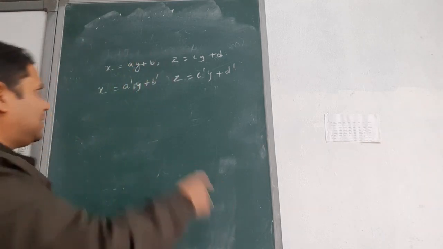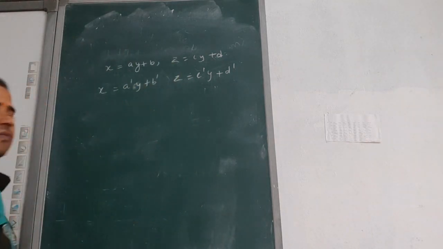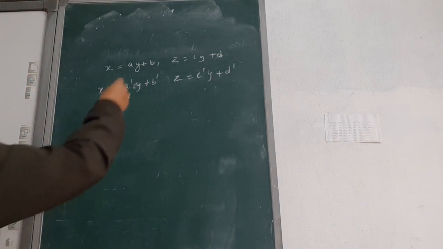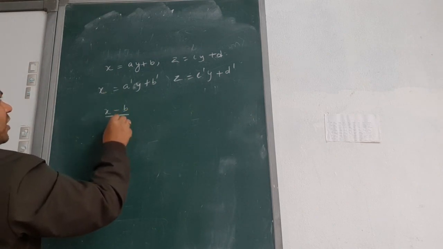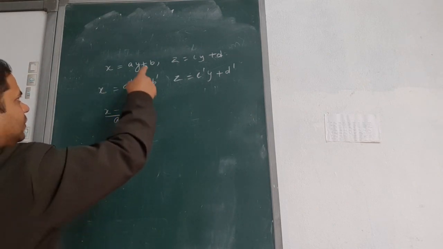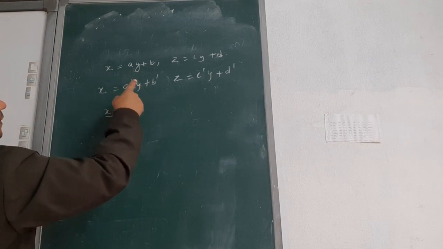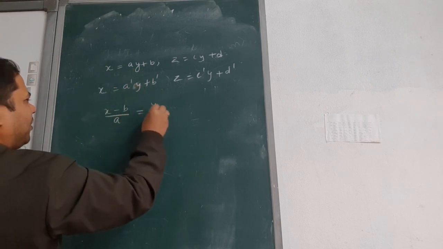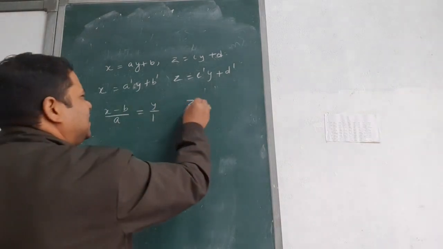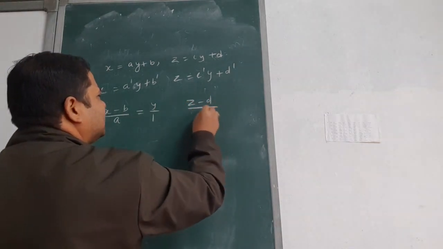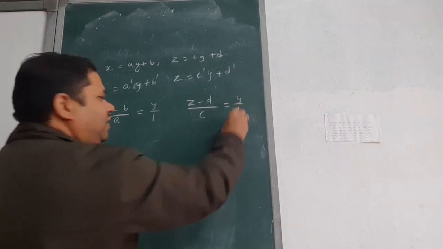So first we convert this line in the form x minus b upon a is equal to y upon 1. Clear? This also, z minus d upon c, is also y upon 1.